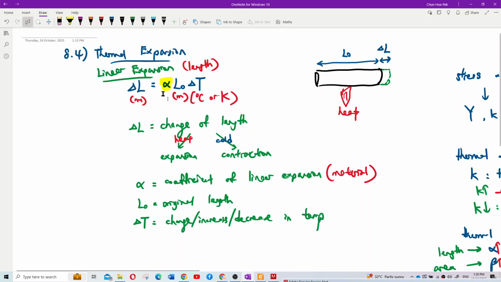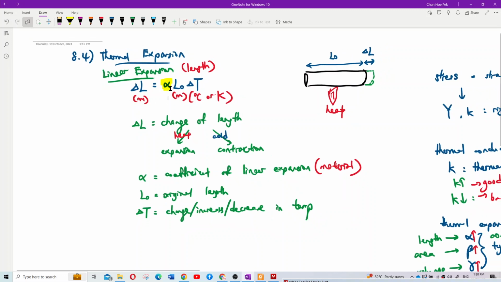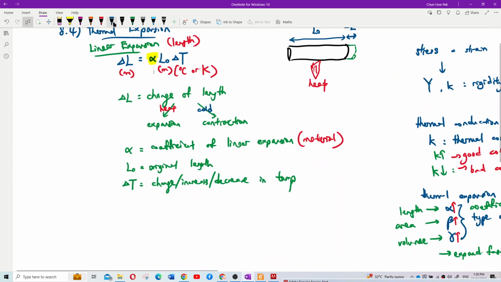If your final answer doesn't have the unit of alpha, you lose marks, because the answer must come with a unit. So if you don't know the unit of alpha, you can use the formula to find out. We know the units of the rest of the quantities, so that's not a problem. Okay, let's find it out.